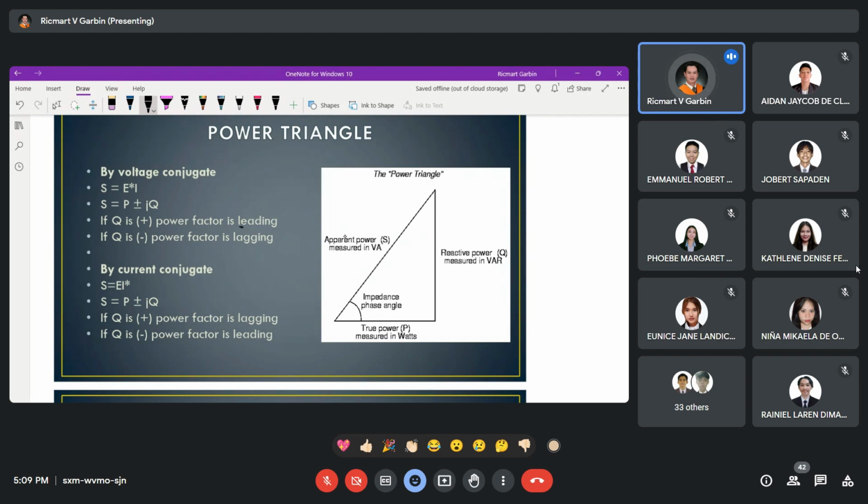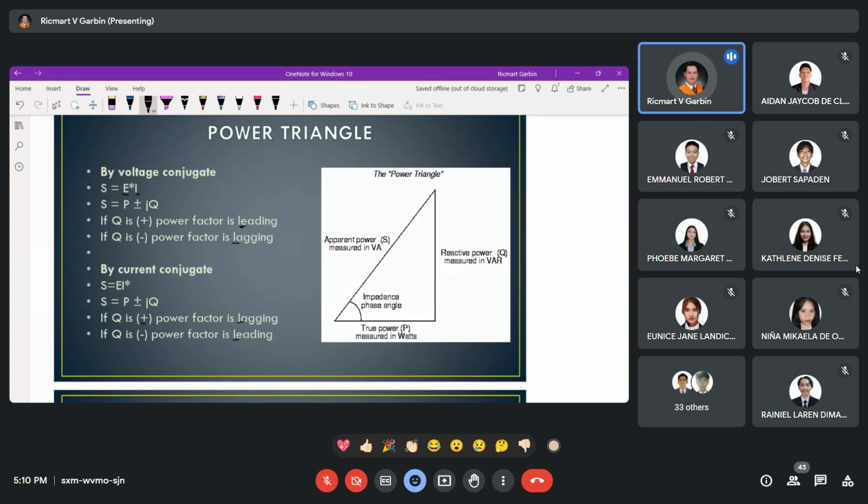So, ito ay in terms of S. Kapag ang S natin, ang naging result, kapag pinag-multiply natin yung voltage at saka yung current, ay naging positive, leading daw yon. Kapag naman Q ay negative, lagging yon. Tapos, kapag current conjugate naman, kapag ang Q natin ay naging positive, yun ay lagging. Kapag ang Q ay negative, yun ay leading.